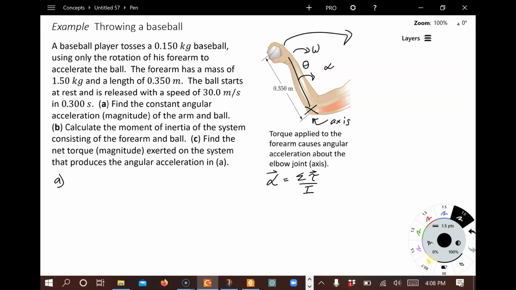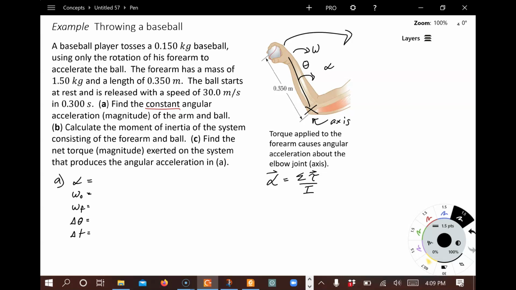We can find the constant angular acceleration here because the key word is constant angular acceleration. So we're going to use the method that we use for constant angular acceleration. That means we're going to write down alpha, omega initial, omega final, the angular displacement, and the time interval.